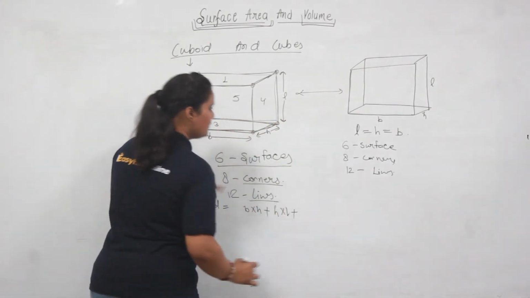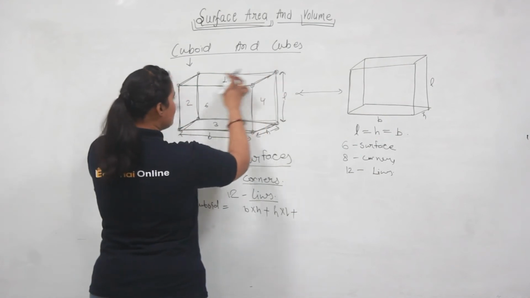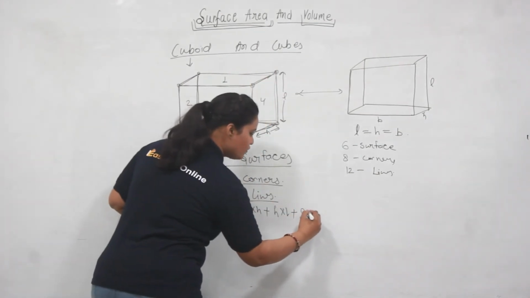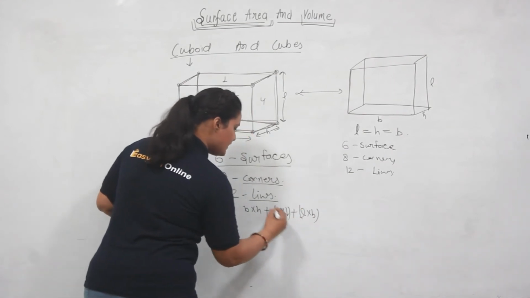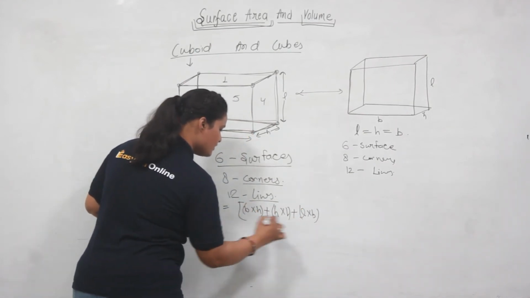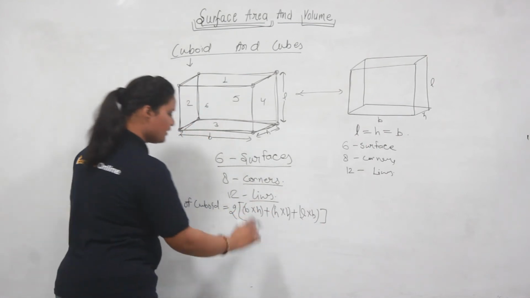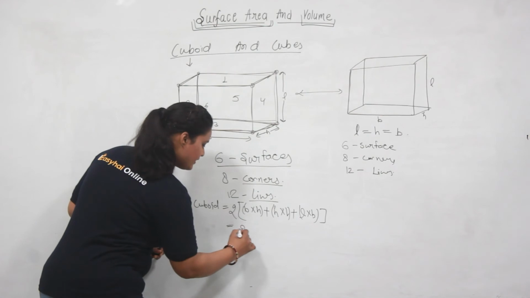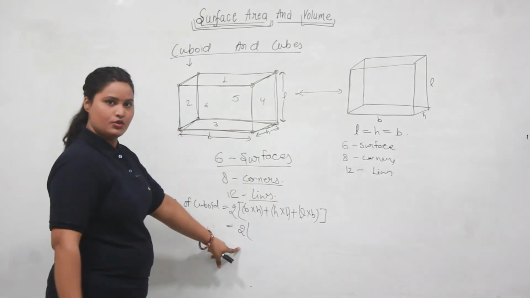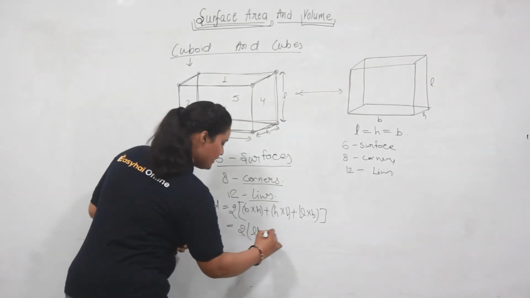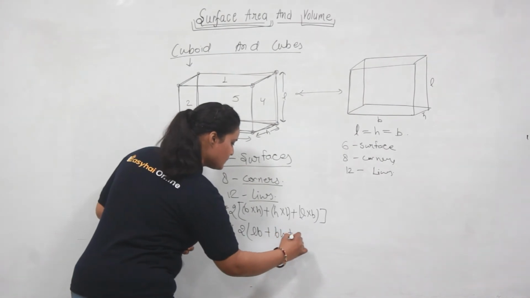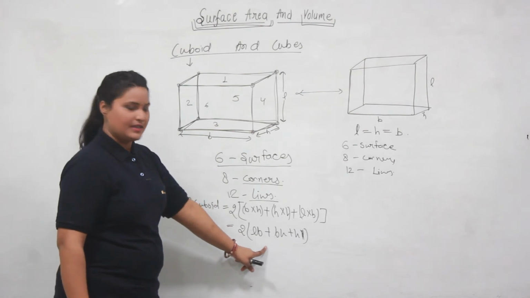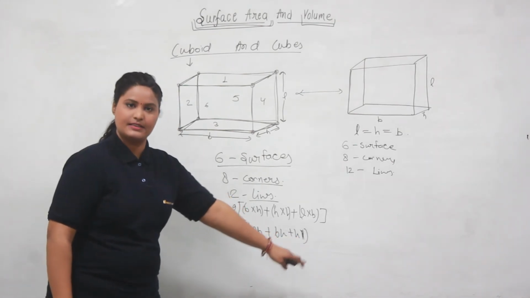Plus L into B, means this one surface, having L into B. And all these surfaces are just twice. All the surfaces are twice. That is why my formula will be 2 times (LB plus BH plus HL), where L is length, B is breadth and H is height.